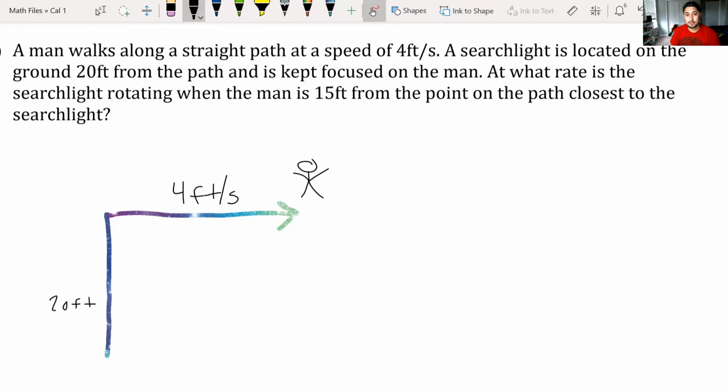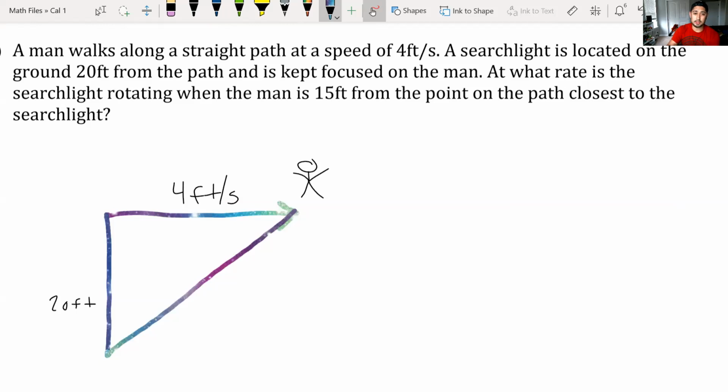Okay. Well, guess what? If you connect these two, you have another type of right triangle. So with that being said, one more thing to put on is that at what rate is the searchlight rotating when the man is 15 feet from the point on the path closest to the searchlight?